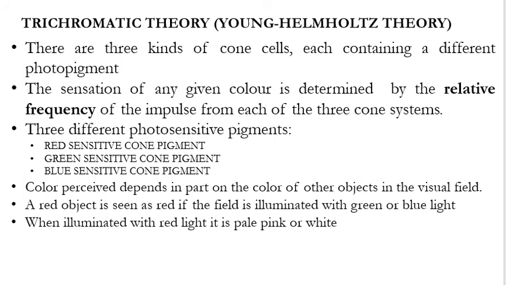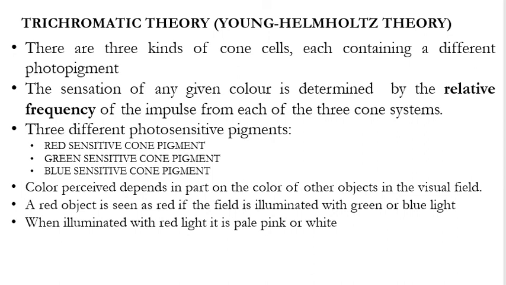For example, a red object is seen as red if the field is illuminated with the colors green or blue. Then you'll be able to see and say, oh, that is definitely red, because you're removing the probable green and the probable blue and remaining with the red cone being more stimulated.